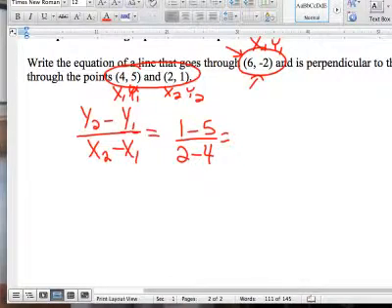On the numerator, 1 minus 5 will give us a negative 4. 2 minus 4 will give us a negative 2. And then negative 4 divided by negative 2 is what? Positive 2. So the slope for this line right here is 2.